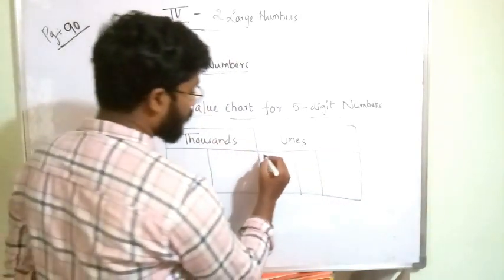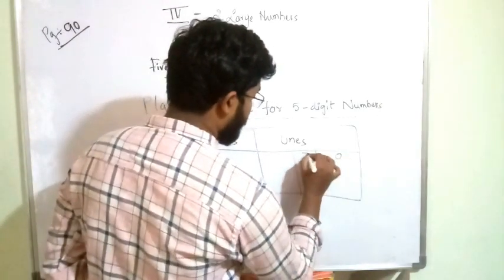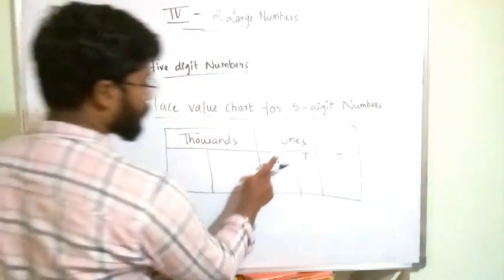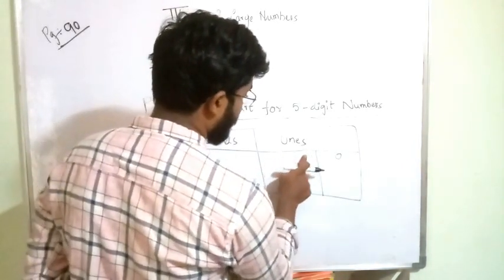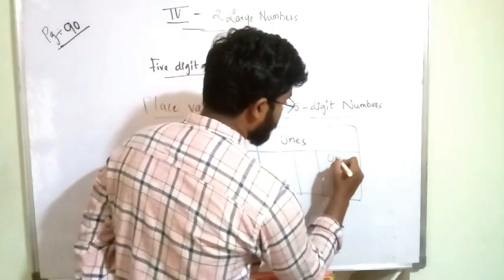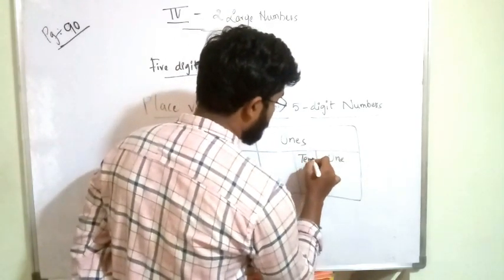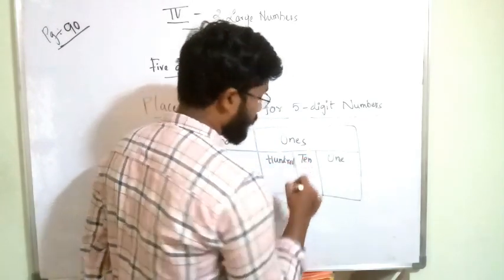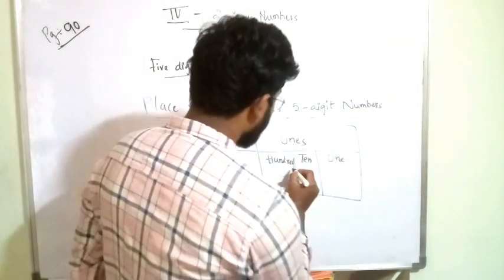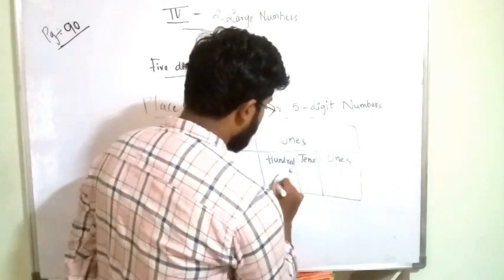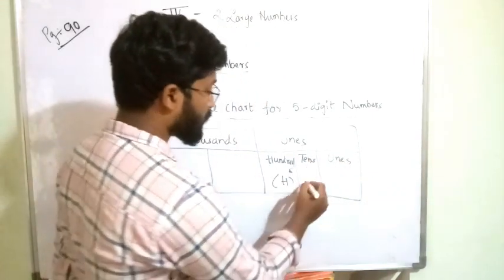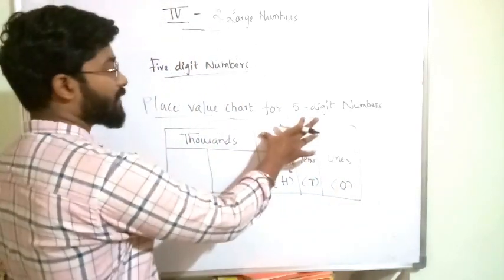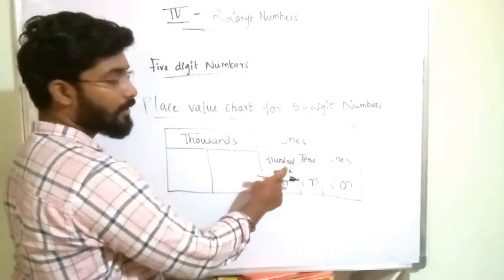In ones you will have ones, tens, hundreds. I will write the spellings also. This is ones, this is tens, hundreds. Okay. These are the places. Hundreds you will represent with H, tens with T, and ones with O. In the ones period you have these 3 places.